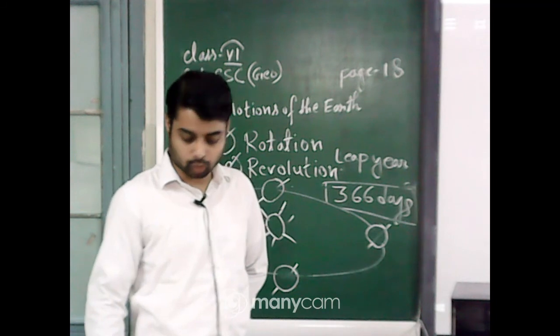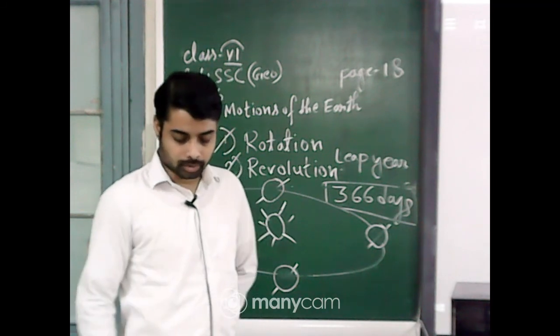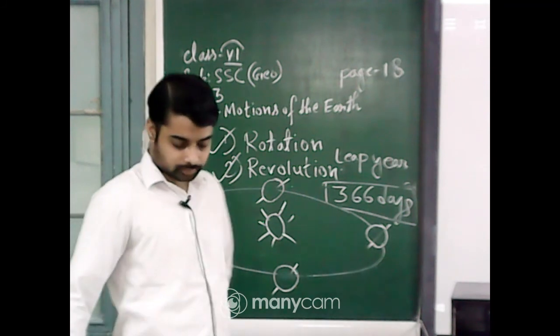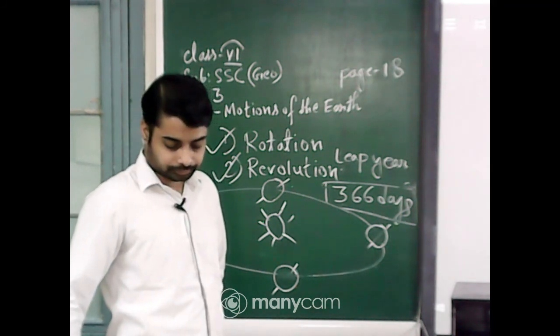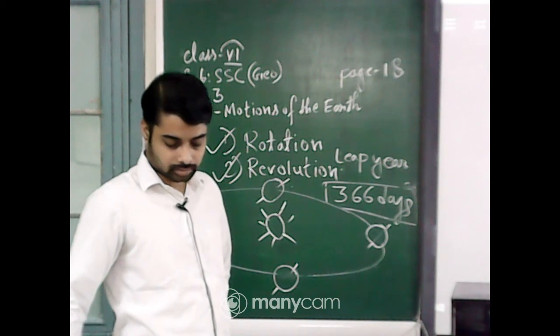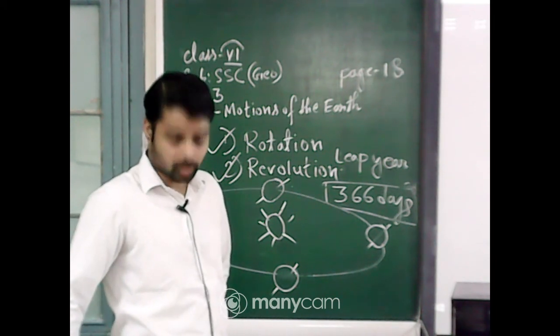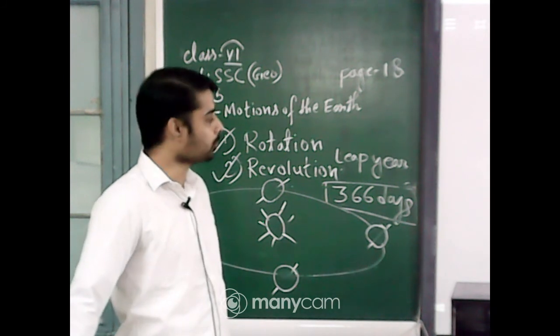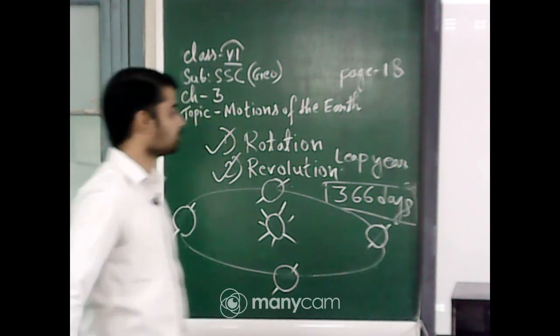It is chapter number 2, from the heat zones. So can you tell me which portion of the Earth is called the torrid zone? Which portion of the Earth is called the torrid zone?